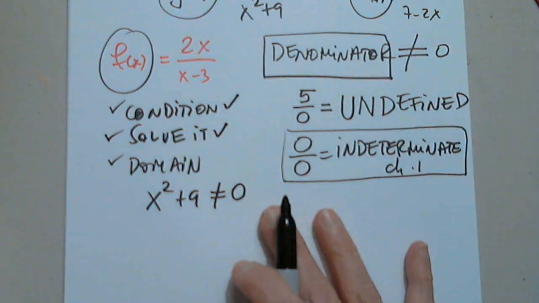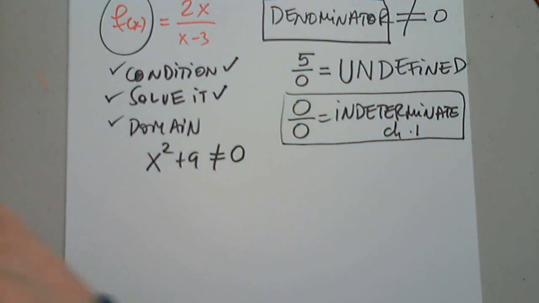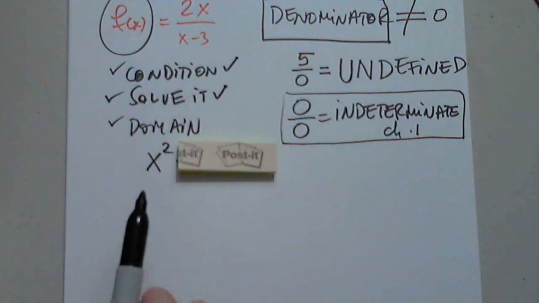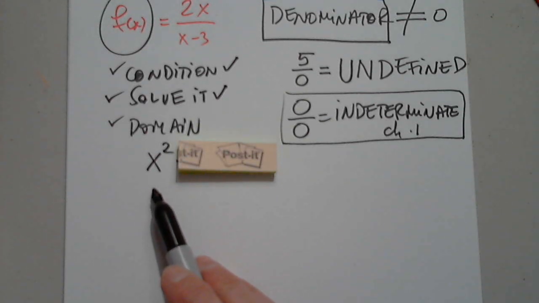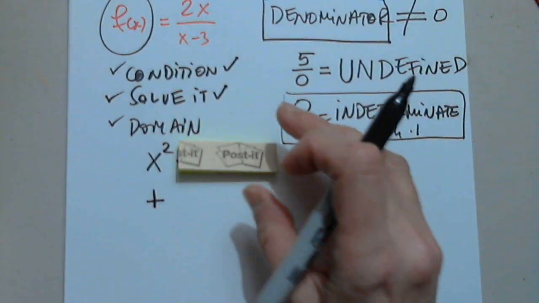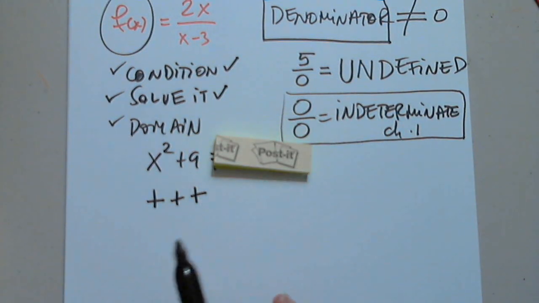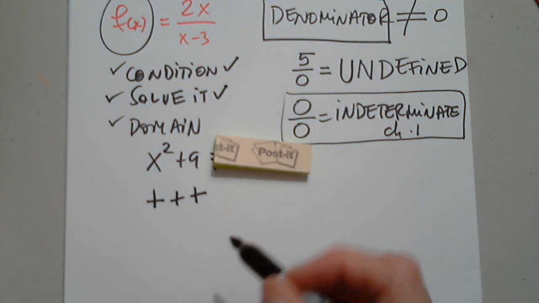What type of number is x squared? Always and forever. Positive numbers. Then I'm adding a positive number. So when I add a positive to a positive, what is the answer?